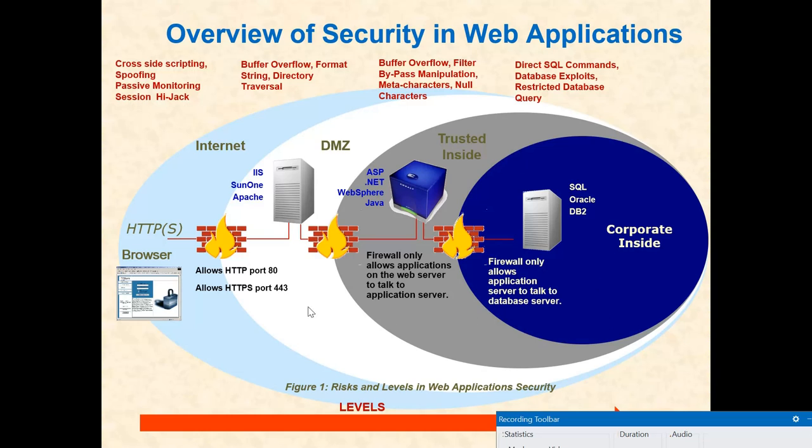Now, for each level there are associated risks. For example, for the internet these are the possible threats, for the DMZ these are the possible threats, and for the trusted inside network these will be the possible threats. So this diagram shows the possible threats for each level.